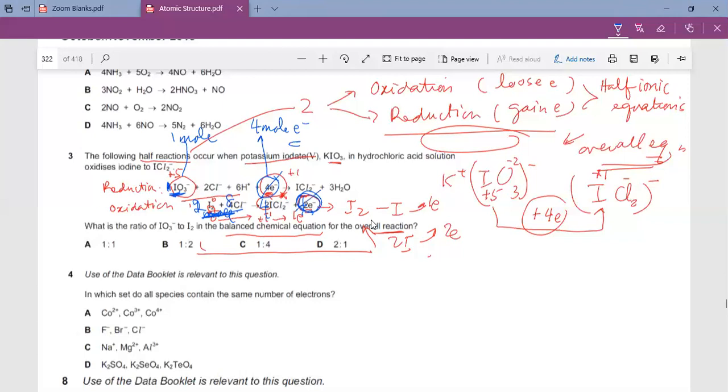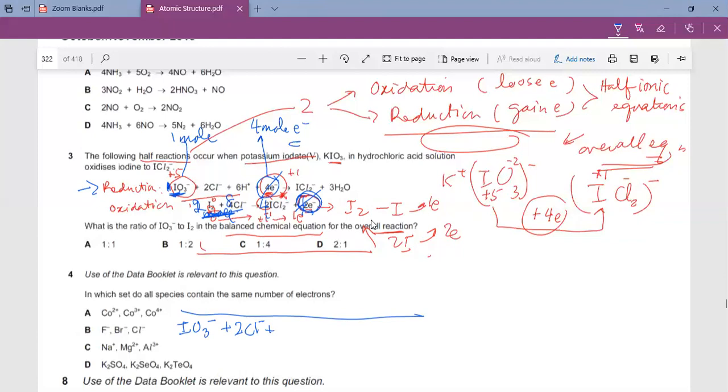See now? So you can add the whole thing up. This is the overall. So 1 will be IO3, I added for you. Plus, you can put the 2Cl minus first. Everything is the same because I didn't multiply any of these things in the reduction. Plus, now some things can cancel.